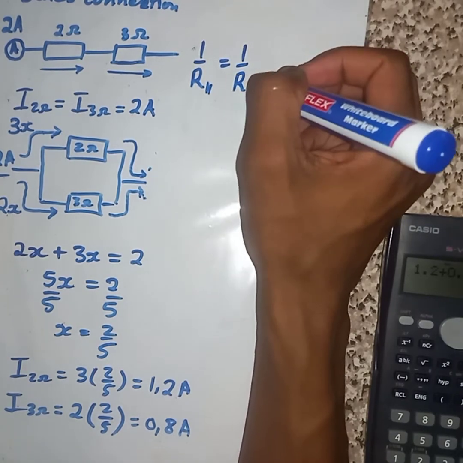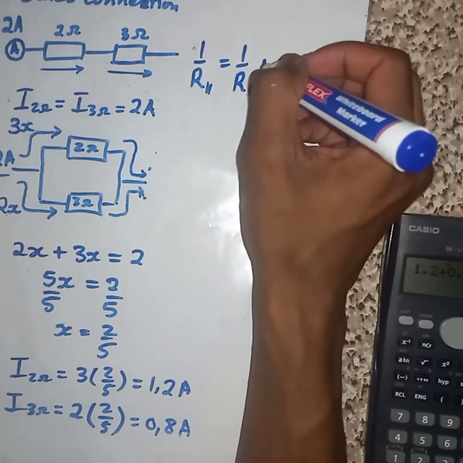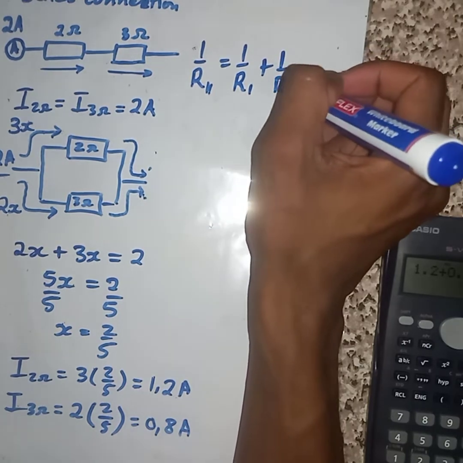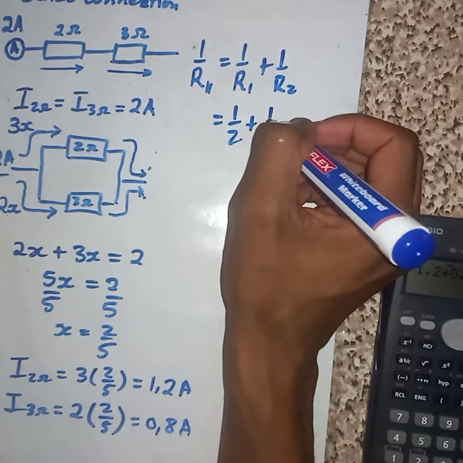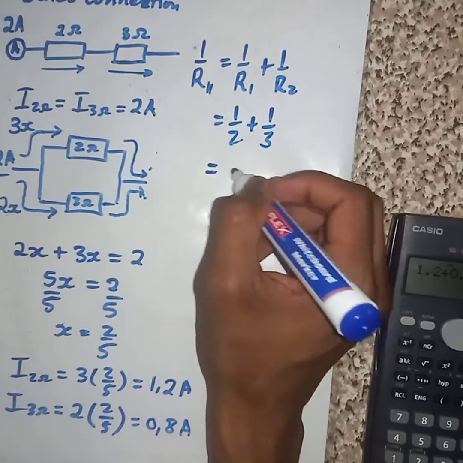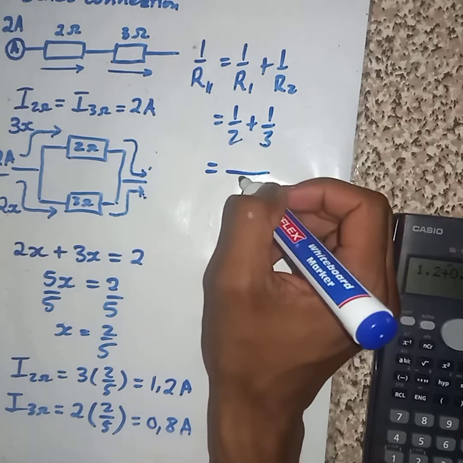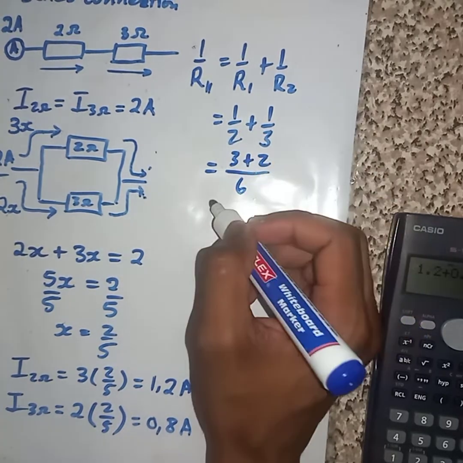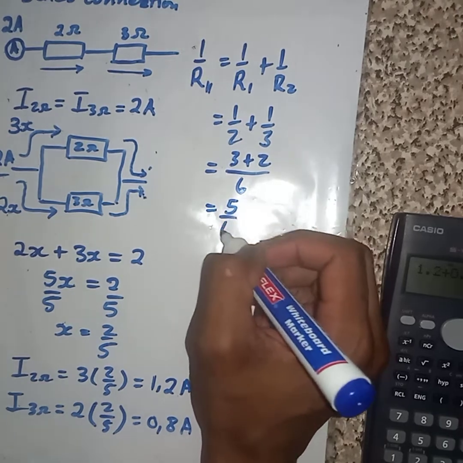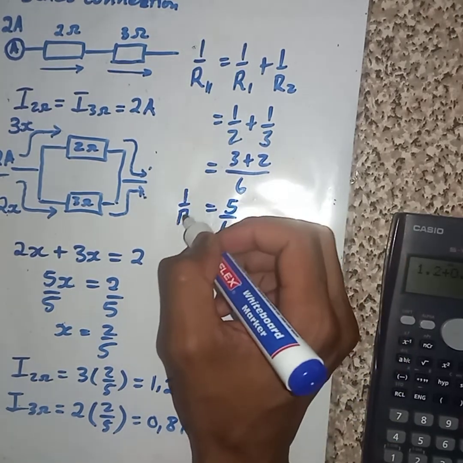from the previous one, but let us calculate it quickly. We use this formula, 1 over 2, 1 over 3, then we said this multiplied by this. You can use your calculator. This 3 times 2, then I got 5/6. Do you still remember?